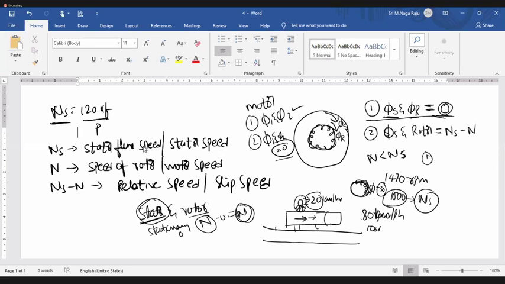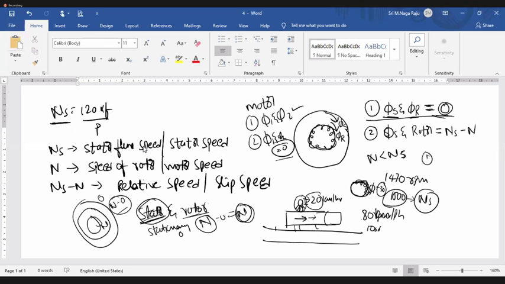The relative speed between stator and rotor we are asking. The stator is a stationary frame, so its speed is 0. The rotor is moving with the speed of N. Now the relative speed is N minus 0.